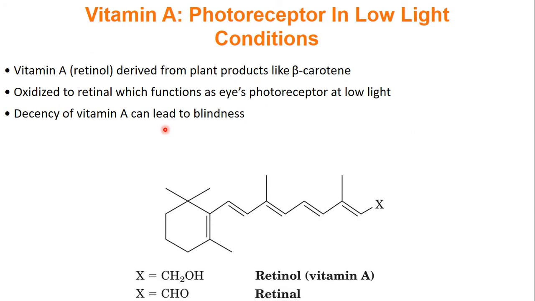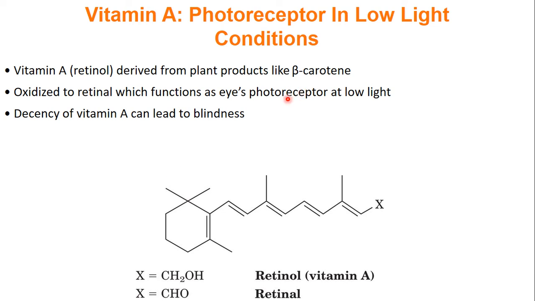So we're going to look at a bunch of vitamins now. So let's look at vitamin A, also called retinol. This is derived from plant products such as beta-carotene. Beta-carotene is found in carrots. So this is why people think that if you eat carrots, your vision will increase, which is not actually true, but you can see why that first started. Now, what vitamin A does is that it will function in the eye's photoreceptor at low light.